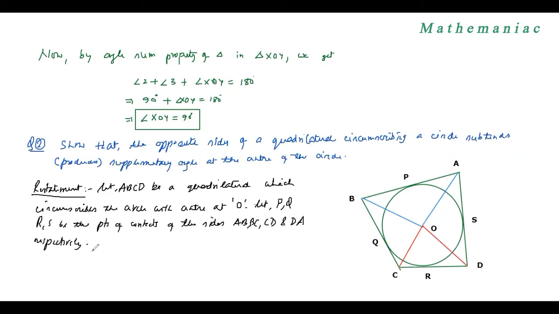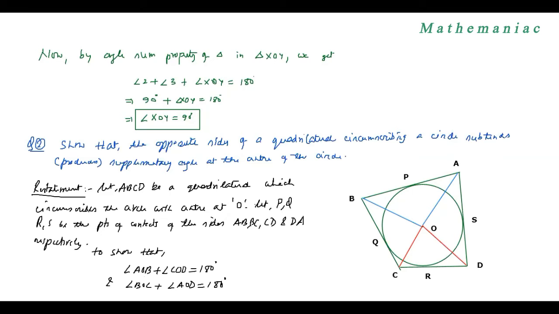Okay. Now, to show that angle AOB plus angle COD is equal to 180 degrees and angle BOC plus angle AOD is equal to 180 degrees.